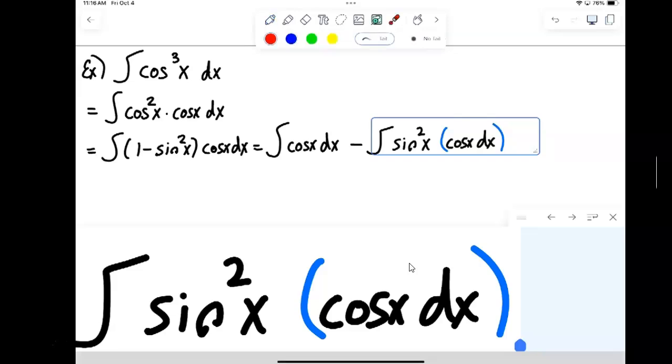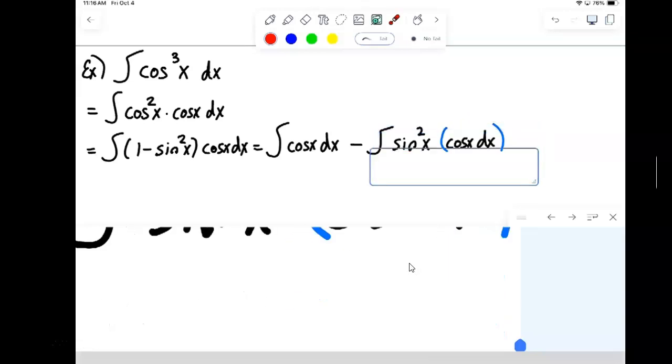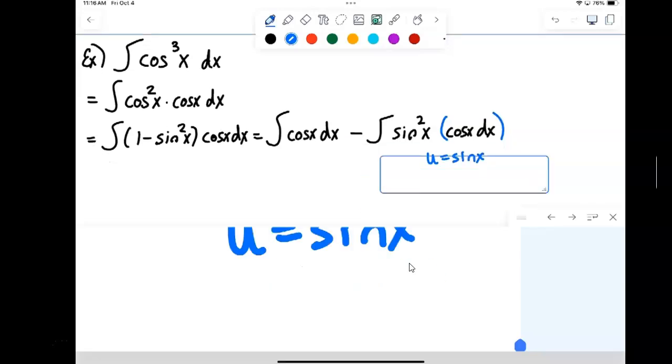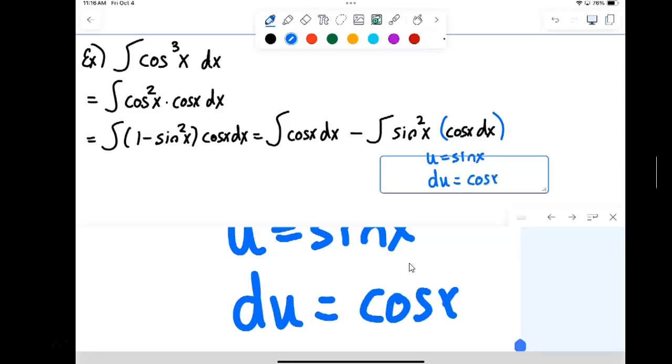Because now this stuff, cosine x dx, is the derivative of the inside function here, the sine. So this is actually tailor-made now to set up for the basic substitution. Alright, so I just let u be the inside function, sine, and then du be the derivative of sine, cosine x dx.